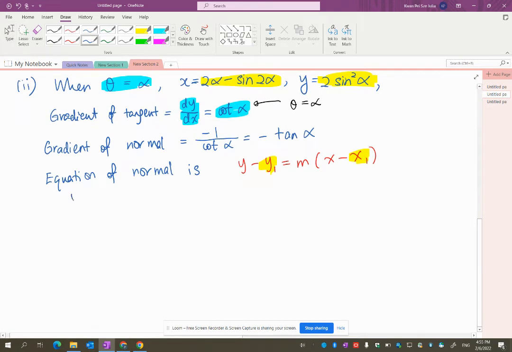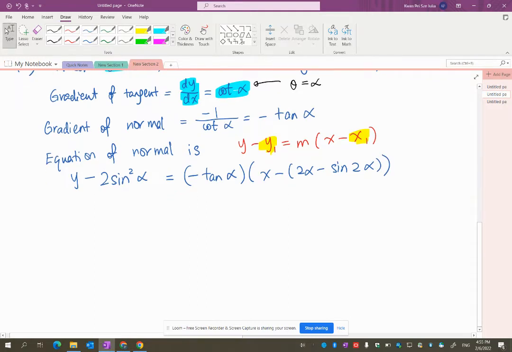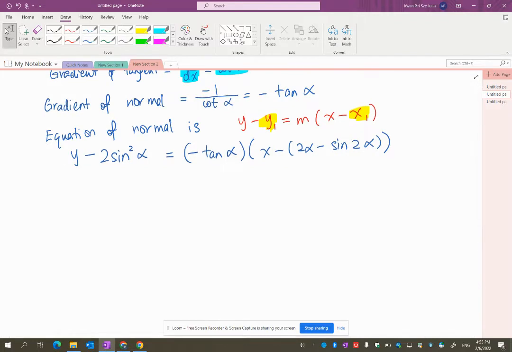So we have y minus 2 sine squared alpha equals the gradient times x minus 2 alpha minus sine 2 alpha. Be careful in your algebraic manipulation. If there are brackets, write the brackets first before you expand. So let's simplify a little bit.